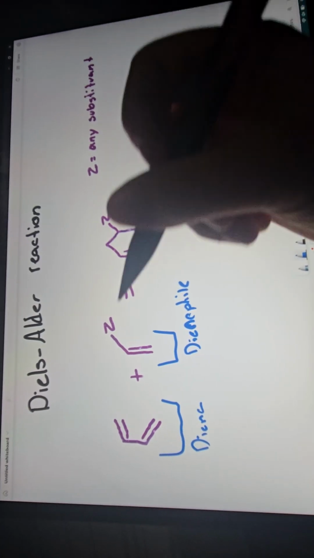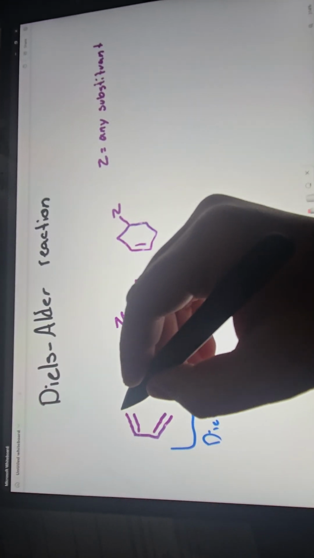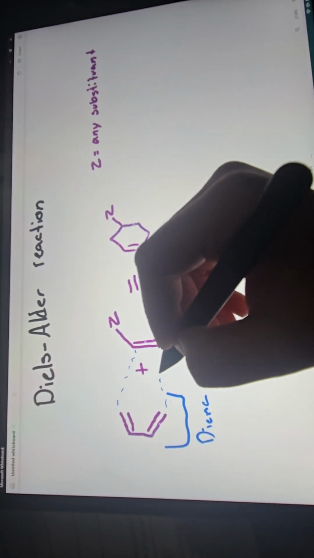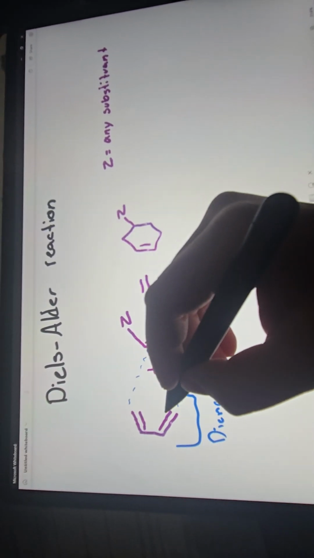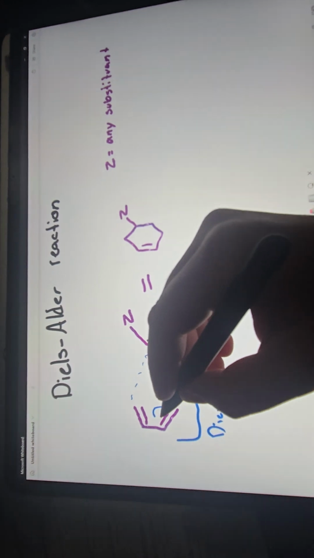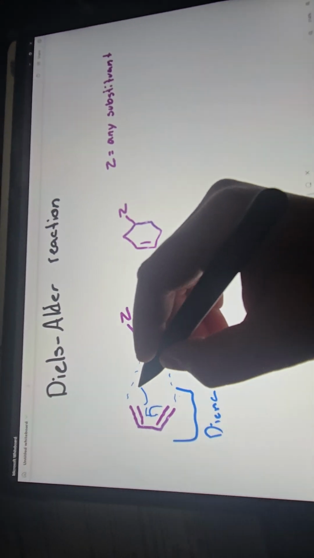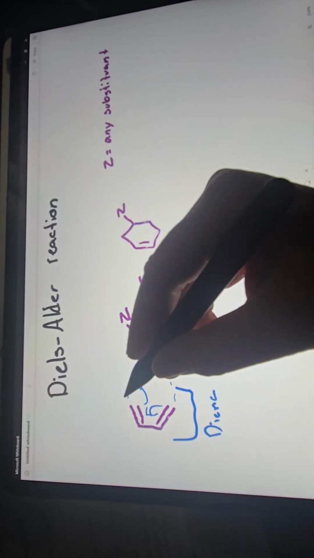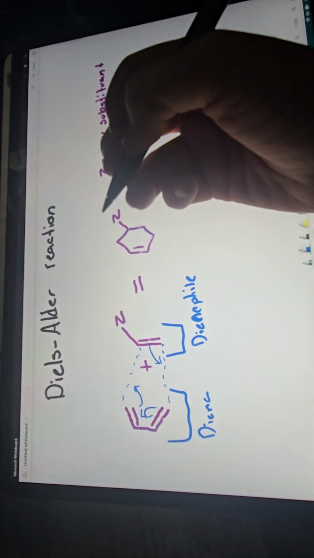The way this works is the diene will bond with the dienophile, and these bonds will shift and form two new carbon-carbon bonds.